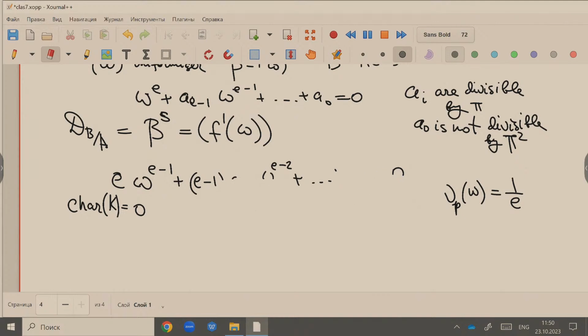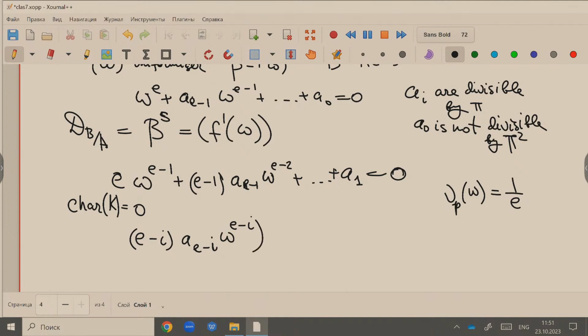Just a second. What you have to notice is that we have e minus i, e minus 1, omega to the e minus i.